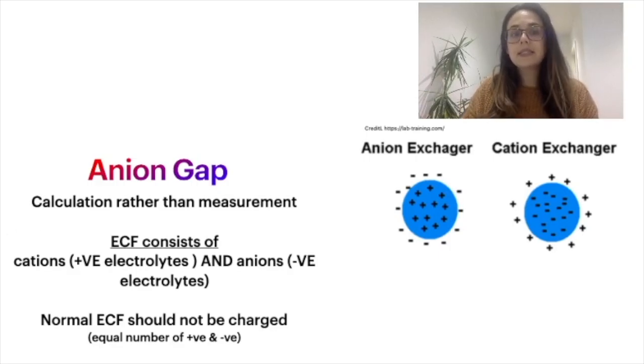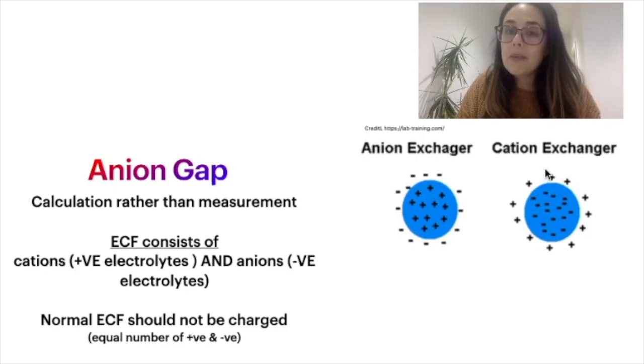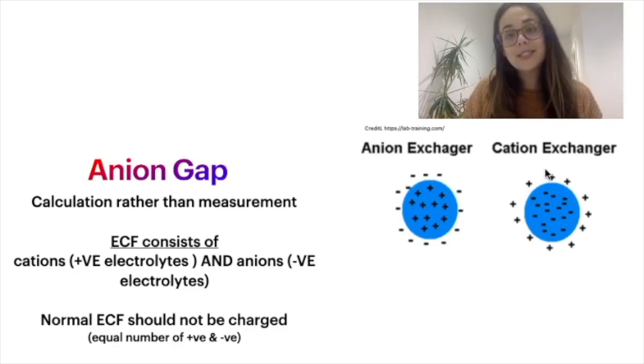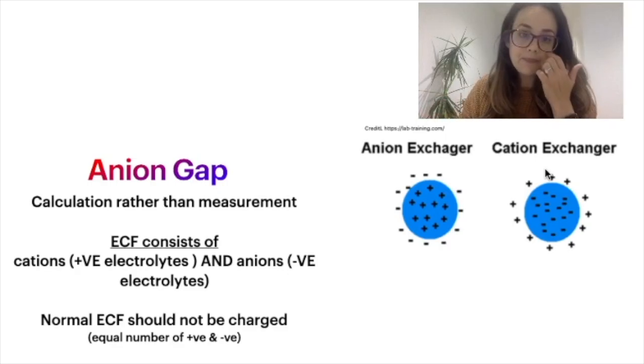It consists of lots of electrolytes, positively charged electrolytes and negatively charged electrolytes. The positive electrolytes are known as cations, and the negatively charged ones are known as anions. So this is an anion because it's negatively charged, and this is a cation because it's positively charged. I remember this because I think positive people like cats, so my cations are positive because they're just like cats.